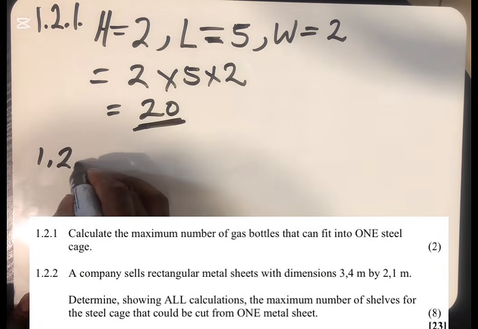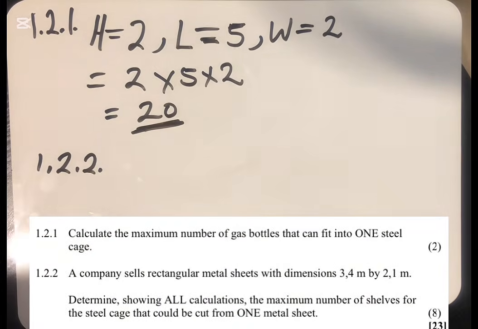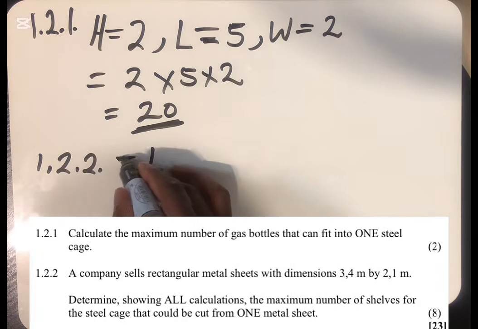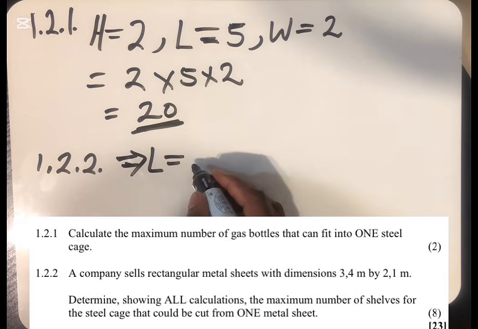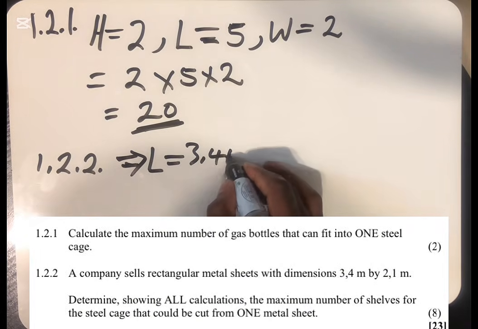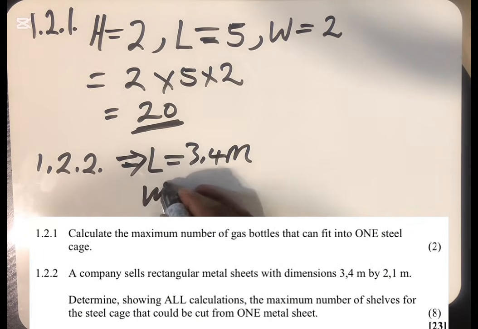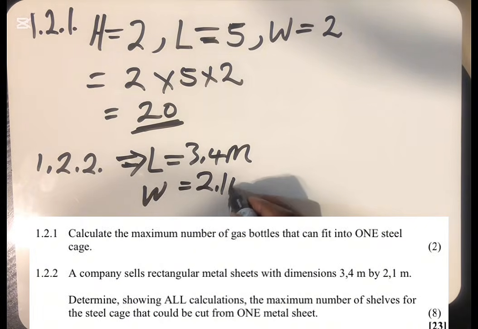Then 1.2.2 for 8 marks. The company sells rectangular metal sheets with dimensions of 3,4 by 2,1. If you check here, they have given us the length to be 3,4 meters. Our width is 2,1 meters.